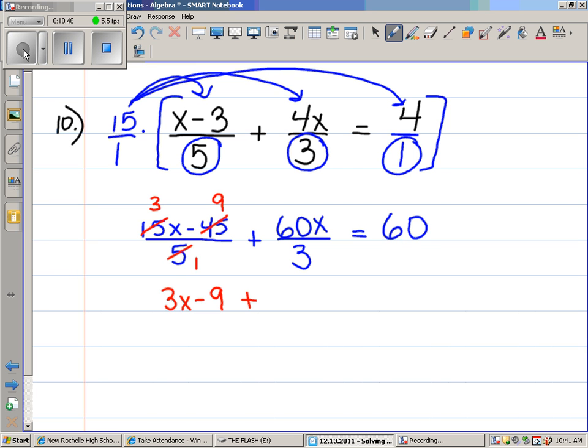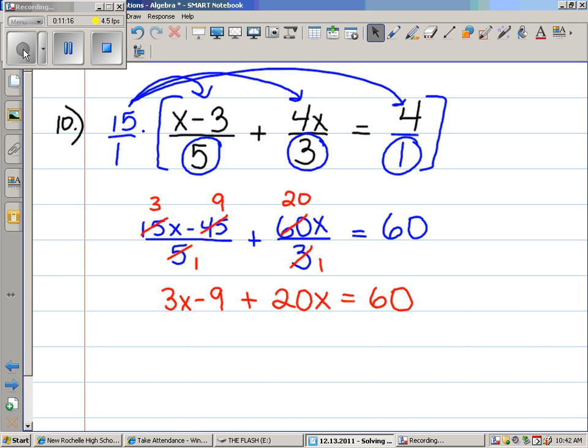What's 60 divided by 3? 20. There you go. 3 goes into itself once and 60 20 times. Yep, that's how it works.